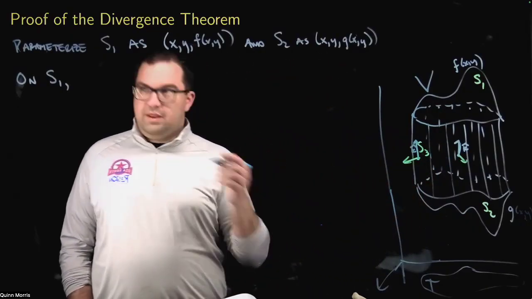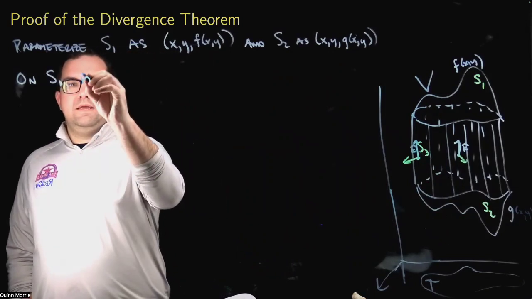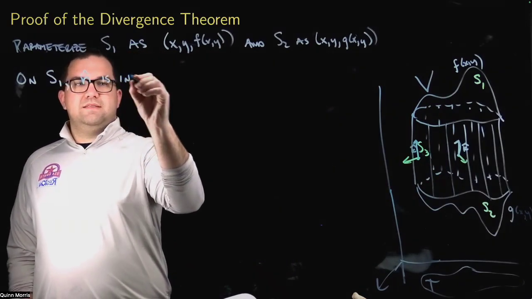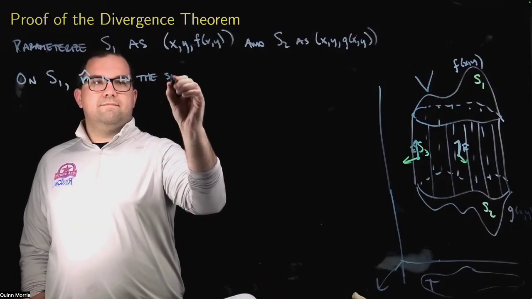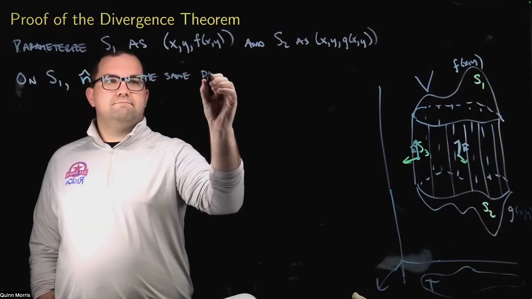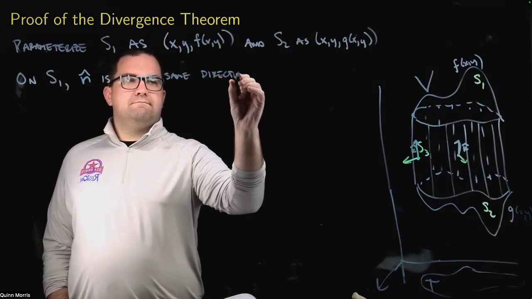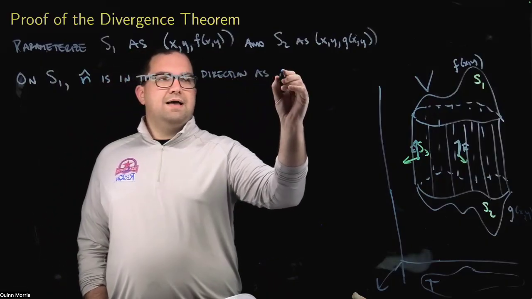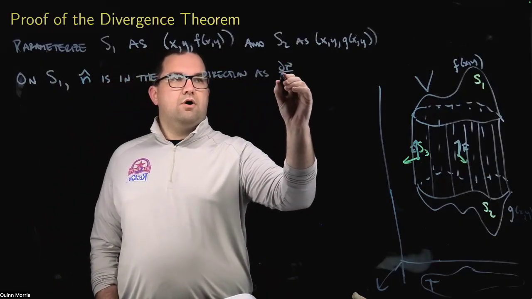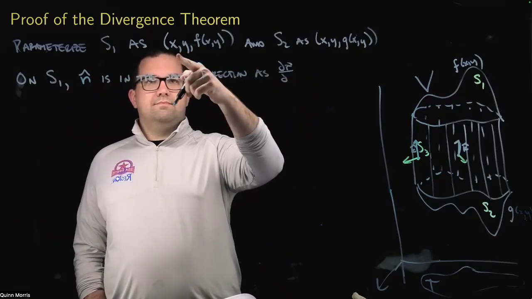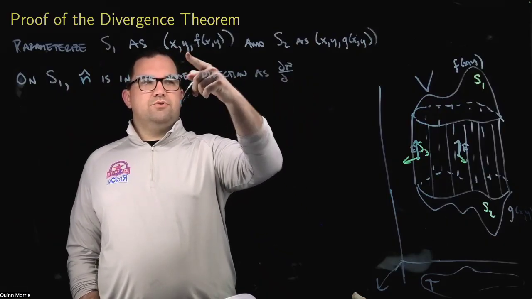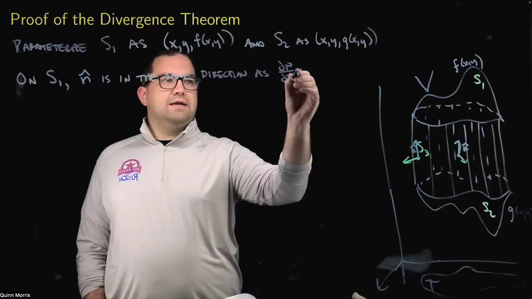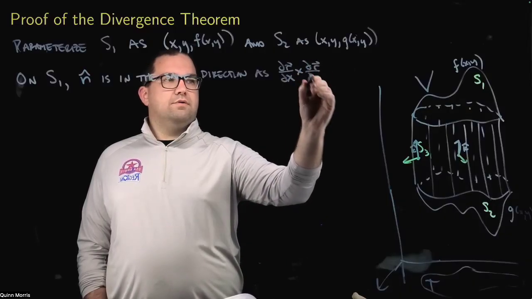So on S1, n is in the same direction as dr du. Again, here with our parameterization, we're using x and y, so I'm going to say dr dx cross dr dy.